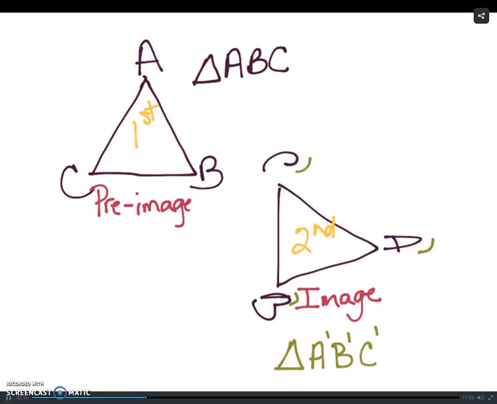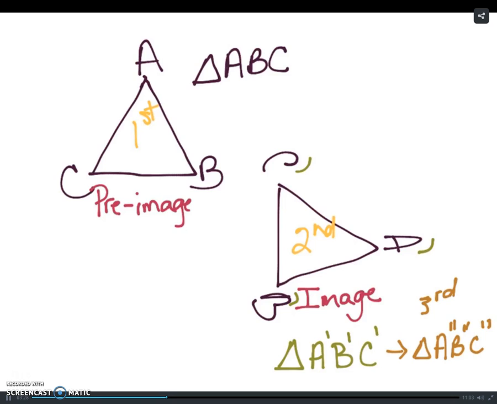Okay? And the little prime, or the apostrophes for each of those, just tells us, hey, that's the second image. If we had a third image, if we did another transformation, right, and we wanted a third image here, then it would get 2 primes. So it would be A double prime, B double prime, and C double prime. So that's just going to tell us where we are in the progression of this shape. All right?